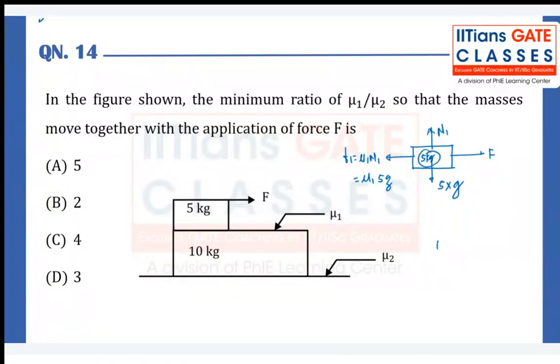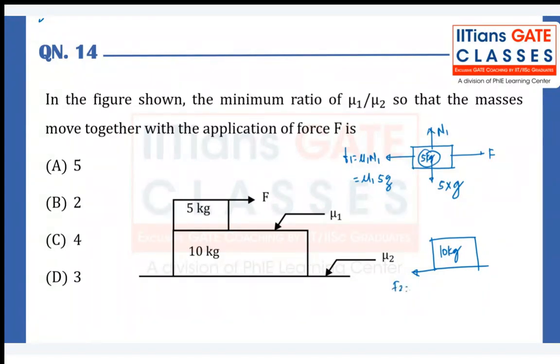Now coming towards the 10 kg block. Here we don't have any rightward force. However, we have two frictional forces. One is in between the ground and the 10 kg block.